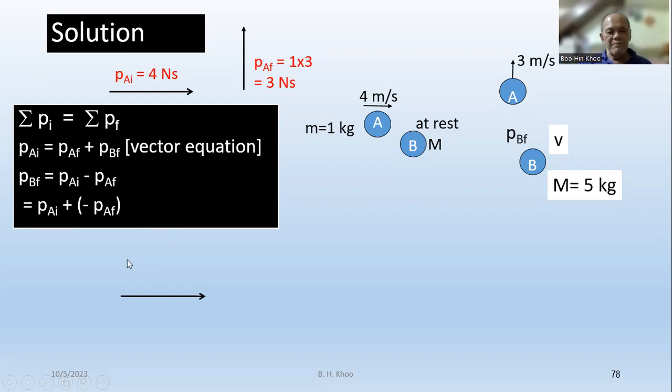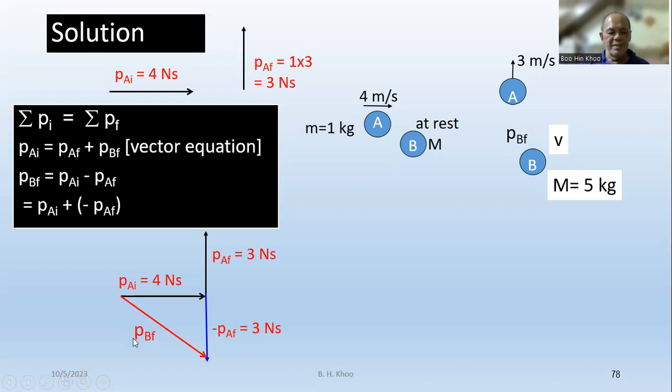So we draw our AI first. That's our AI, the direction. Then instead of plus AF, we want minus AF. Minus is minus 3 here. Then that's our final BF.